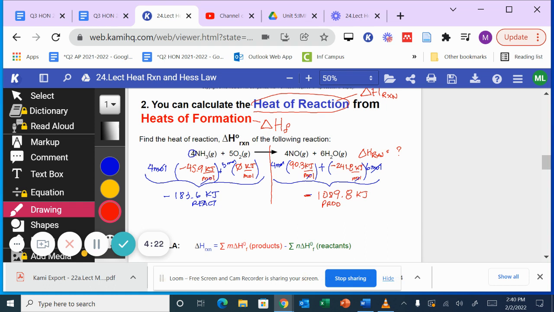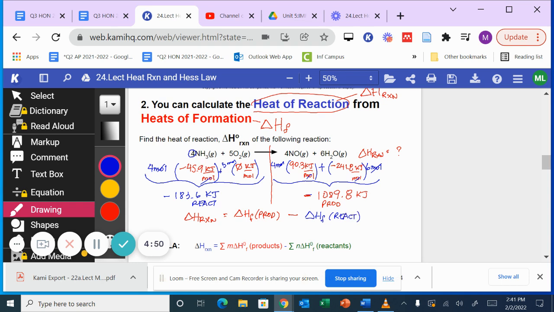Okay, to get the heat of reaction, delta H of Rxn, I have to do the heat of formation of the products minus the heat of formation of the reactants.